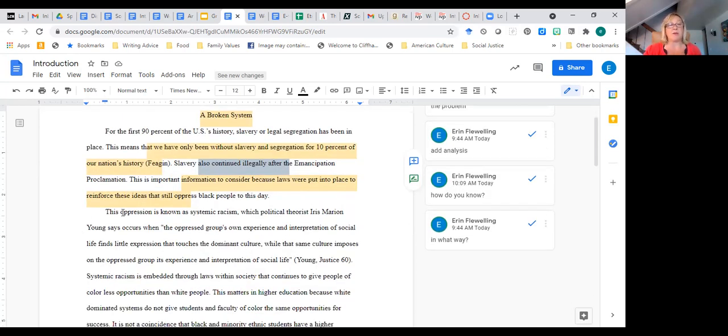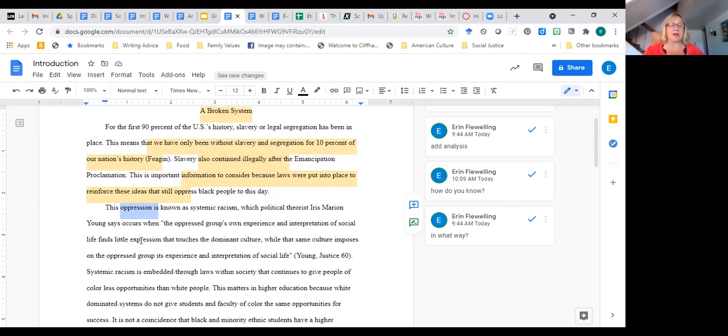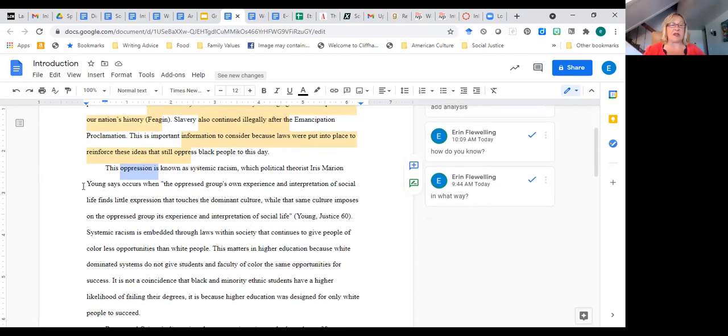This oppression, and I think we could just take out oppression, but we could say this is systemic racism. And then the author provides Iris Marion Young's quotation. Anytime you've got a quotation, and this is a great quotation, there needs to be some analysis after it.